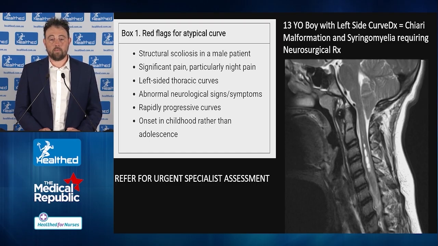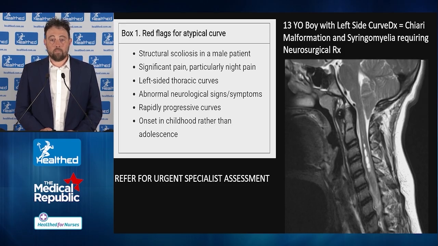These all require referral for urgent specialist assessment where a full spine and hindbrain MRI is likely to be obtained. The clinical example on the screen is a 13-year-old boy who presented with a left-sided curve. He's been diagnosed with a Chiari malformation, which is a descent of the cerebellar tonsils through the foramen magnum that crowds the spinal cord and cerebellar tonsil region.